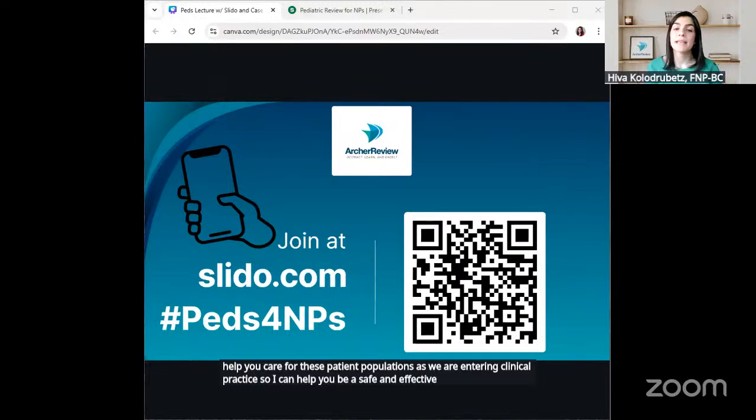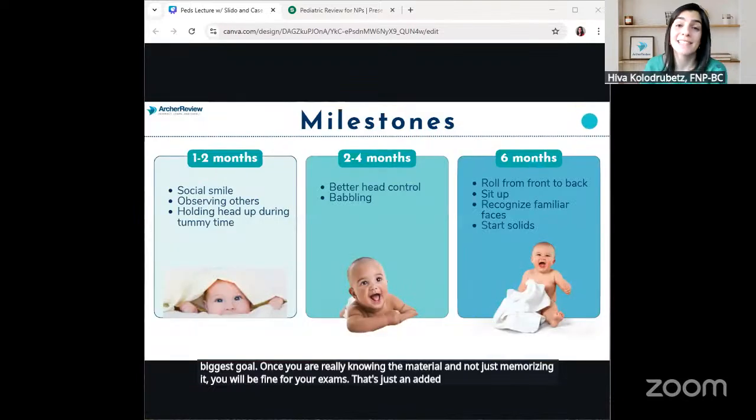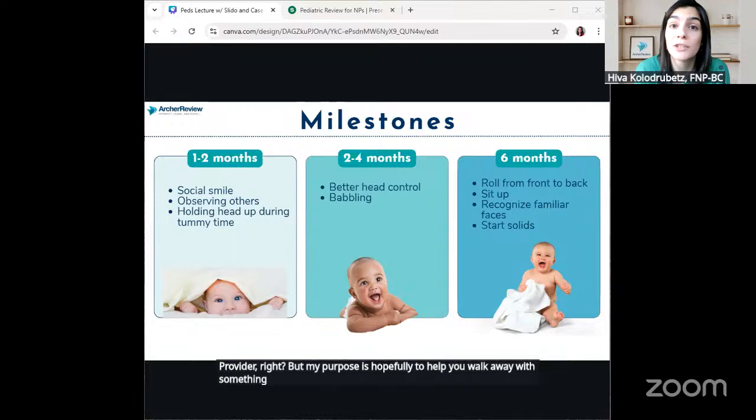That is my biggest goal. Once you are really knowing the material and not just memorizing it, you will be fine for your exams. That's just an added bonus to show that you are a safe and effective provider, right? But my purpose is hopefully to help you walk away with something today that you can bring to your clinical practice. So let's get started.